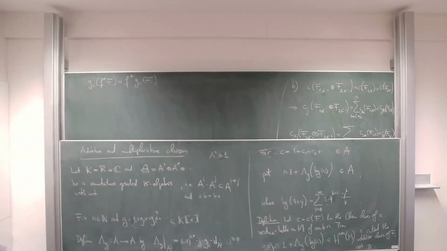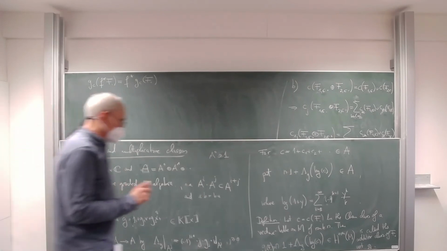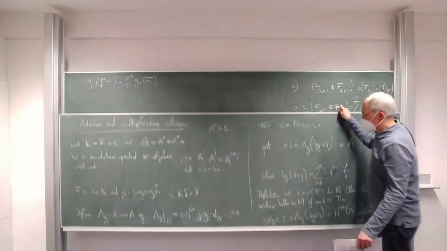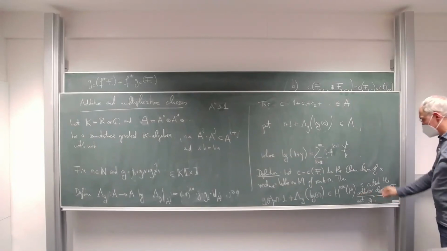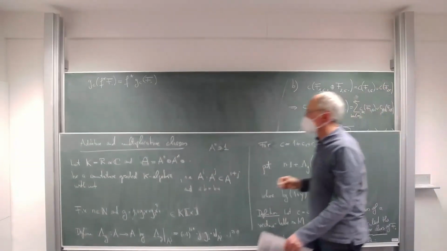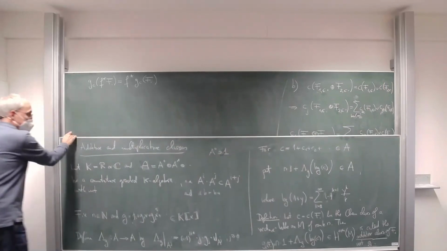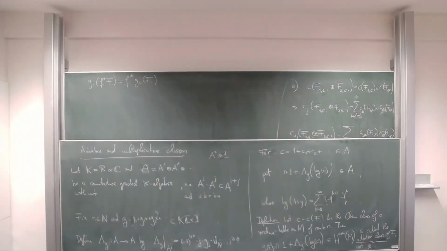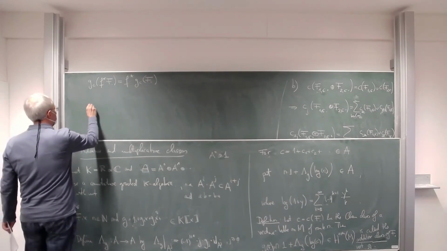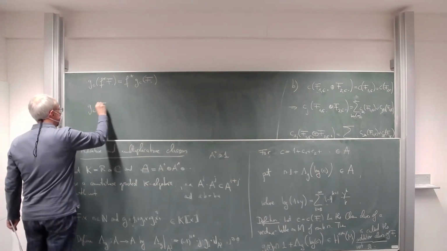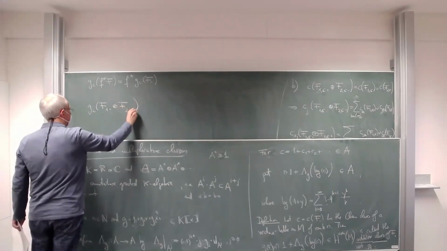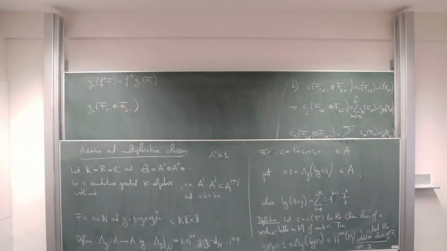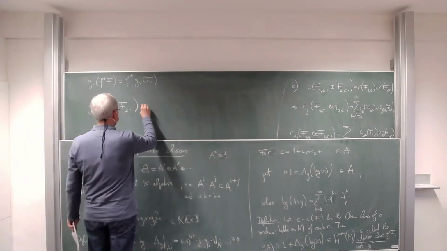And now let's see why I'm calling this an additive class. I told you this is called the additive class of the bundle with respect to the power series. And how is that? Well, if you look at the sum of two bundles, F1 plus F2, what will happen?